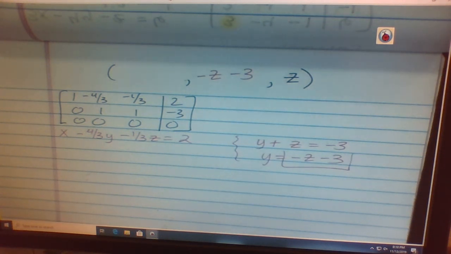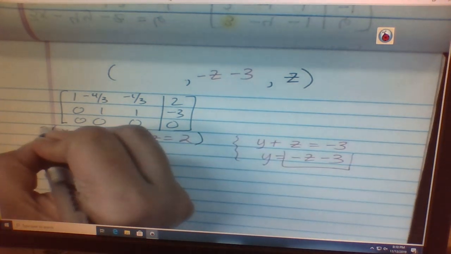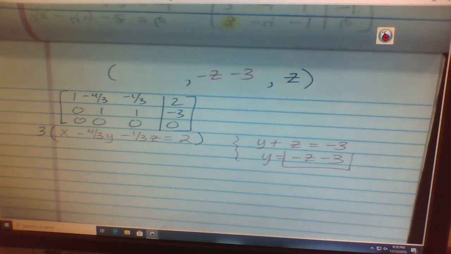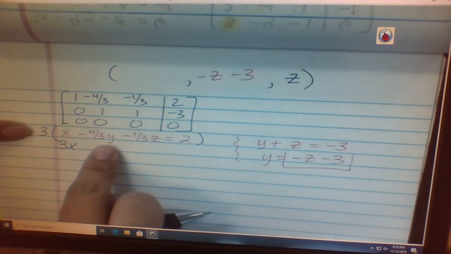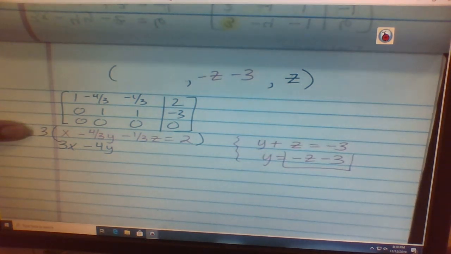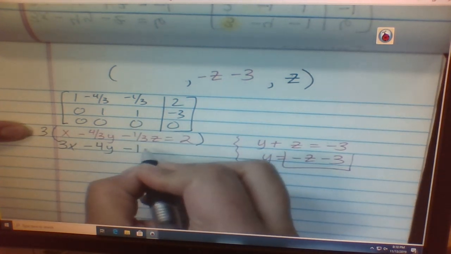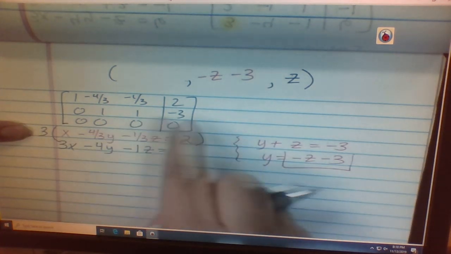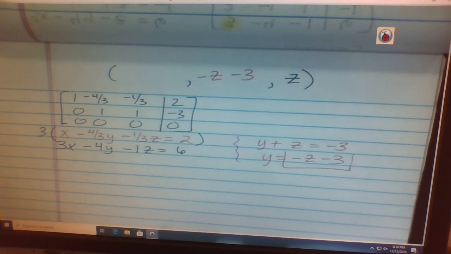So you just multiply by your denominator, 3. When I do 3 times negative 4/3, this becomes negative 4y. 3 times negative 1/3 becomes negative 1z. And 3 times 2 becomes 6. That's nicer to work with.